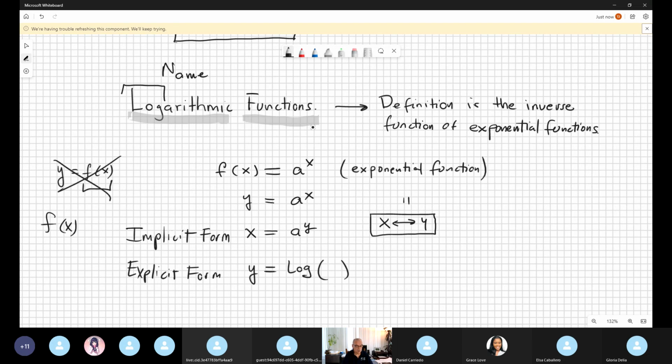You put the parenthesis to indicate that this is the argument of the function in which the x value belongs to the domain. So similar situation happens. You put log, then x here, because this x is the same x. But you put a small number here, a subscript, to specify the base. This is the logarithmic function.